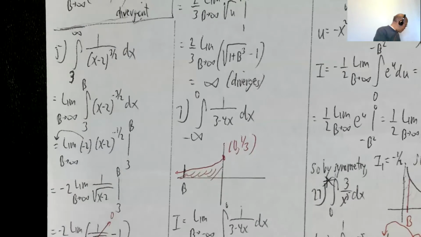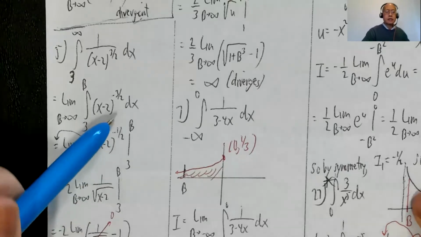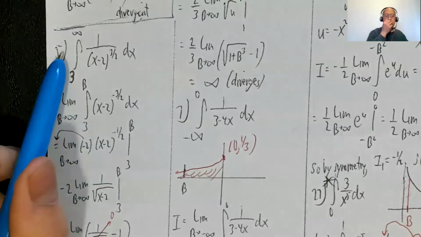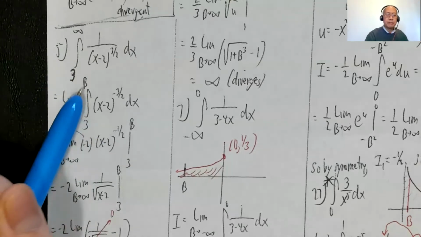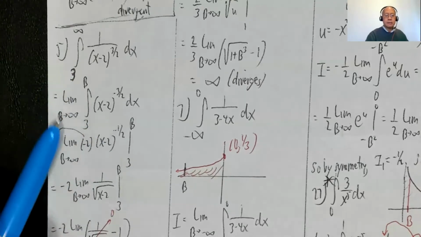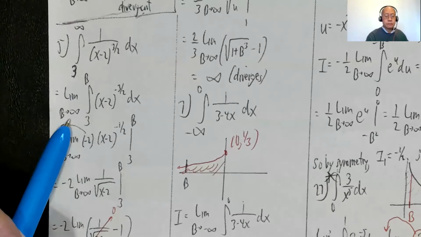Working some of the problems. Okay, question number 5. Integral from 3 to infinity of 1 over (x minus 2) to the 3/2 dx. If we integrate from 3 to infinity, we integrate from 3 to b, and then take the limit as b approaches infinity.